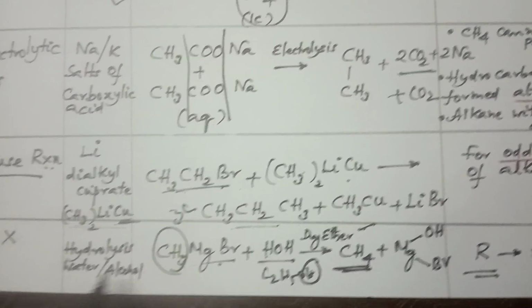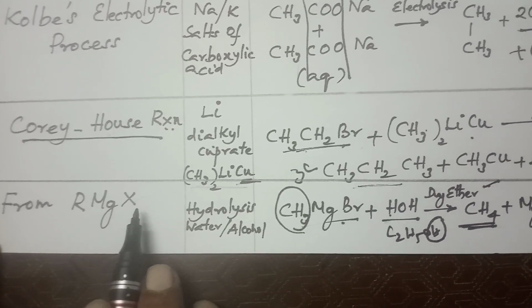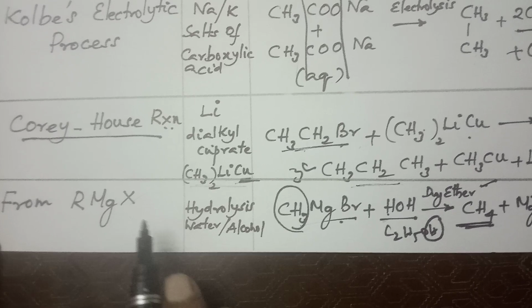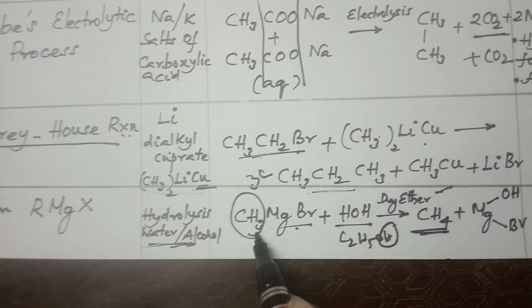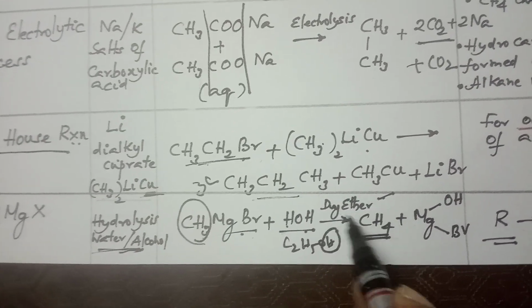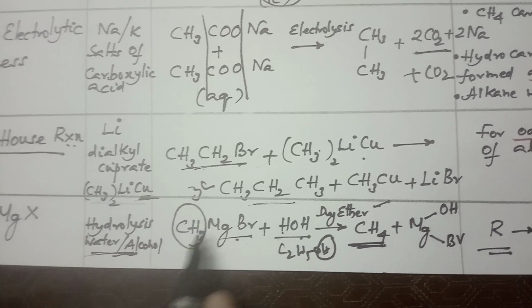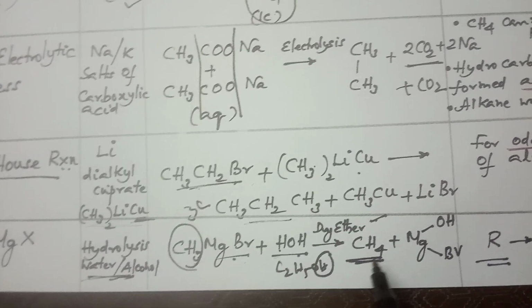Next we are moving to hydrolysis of whom? What is it called? Grignard reagent, that is RMgX. It is a very important one. Hydrolysis with water or alcohol. Here RMgX is written, water is written, and the medium is dry ether. From RMgX, the methyl group with hydrogen gives methane.